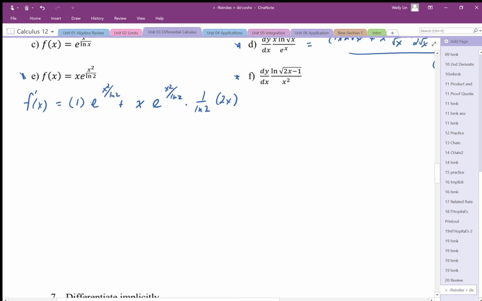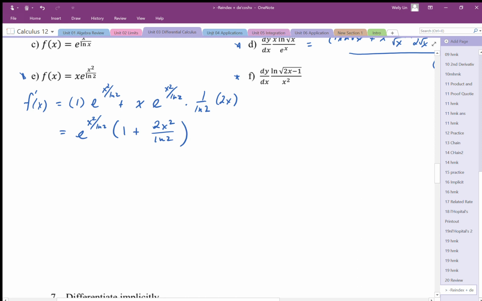Again, you can factor out some pieces there and clean that up a little bit if you like. So x squared over log 2, it's going to be 1 plus 2x squared over log 2. That would be the simplified form.